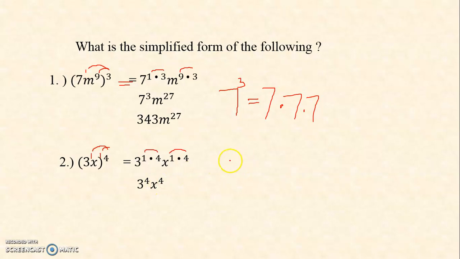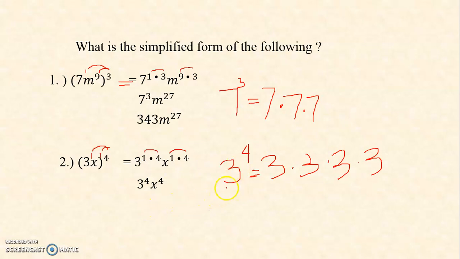Okay? So again, 3 raised to 4 means 3 times 3 times 3 times 3. You're going to multiply 3 four times.